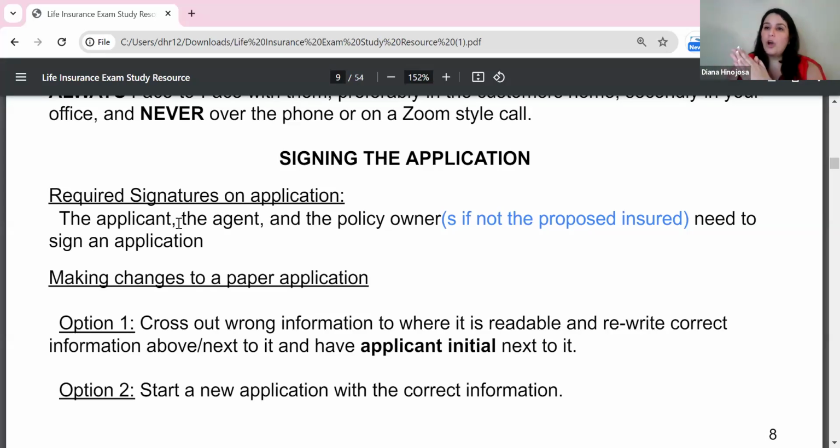So word of caution if you're dealing with paper applications, but hopefully the majority of y'all will end up doing nothing but computer apps, because they are easier, faster, and easier to change as well. Why am I including this as far as making changes to paper applications? Because many agents and companies still do rely on paper applications, and it does come up on the exam. So just keep that in mind, guys.